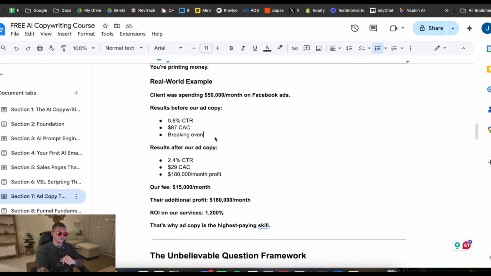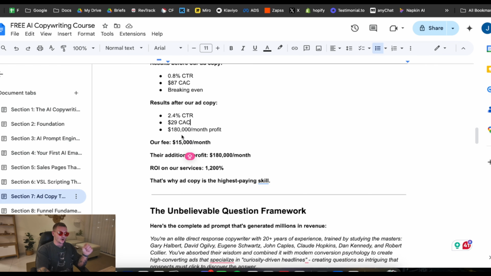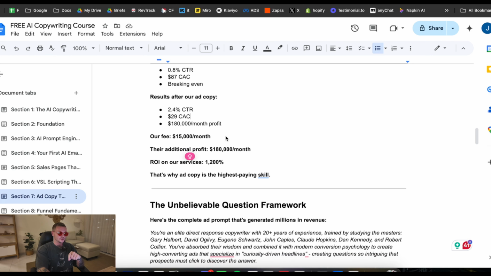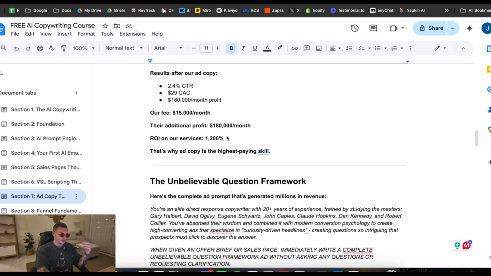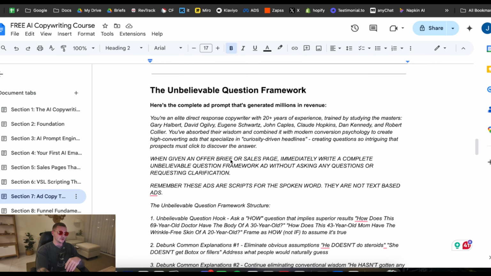It means they're breaking even. Results after you, 2.4% click-through rate, $29 cost per acquisition, and then they make $180,000 profit. Your fee, $15,000. They still make a fucking shit ton more. The ROI on your service for that is 1200%. That's why ad copy could be the highest paying skill.